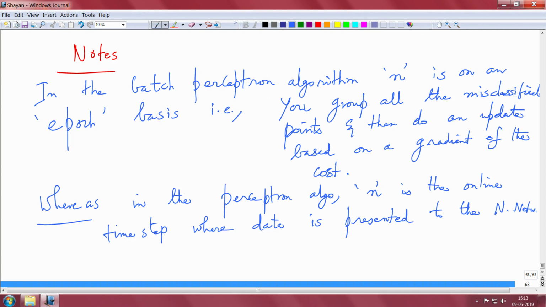Okay, this is a very important distinction, and while you code it, you will realize that you will have to make these time steps carefully done.